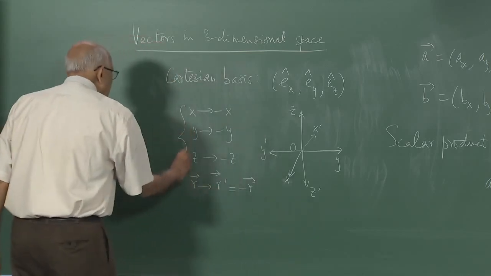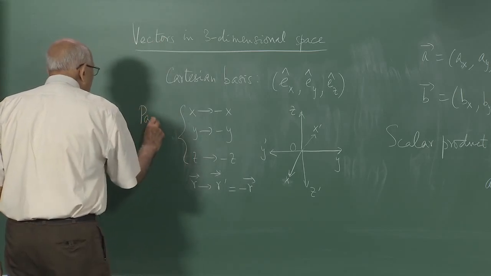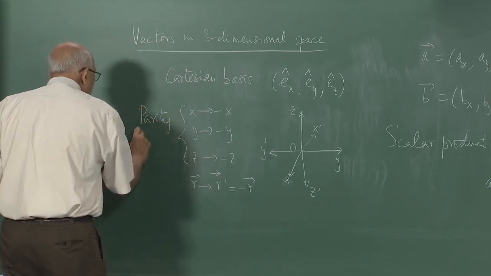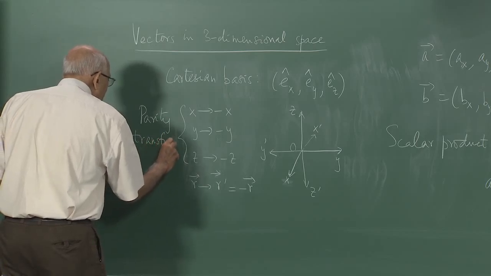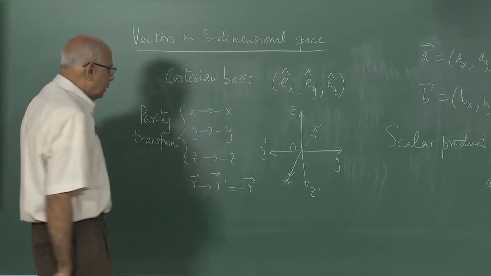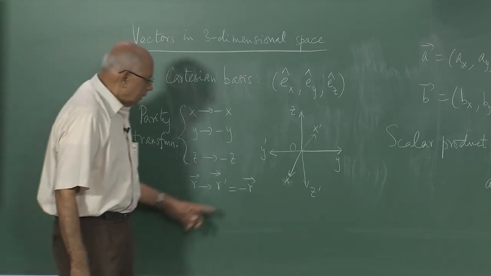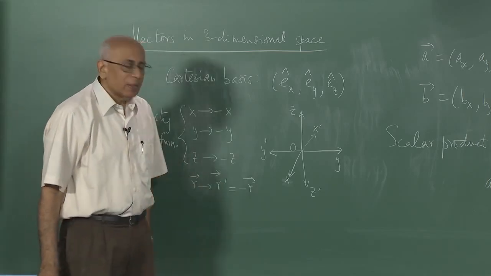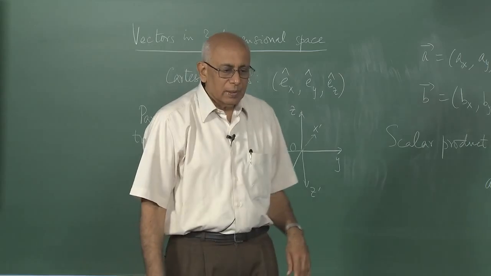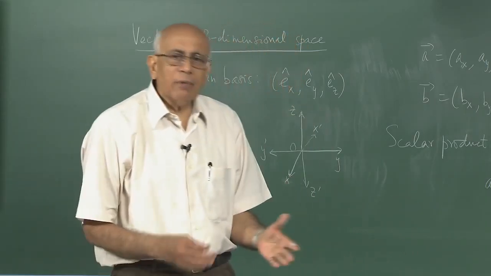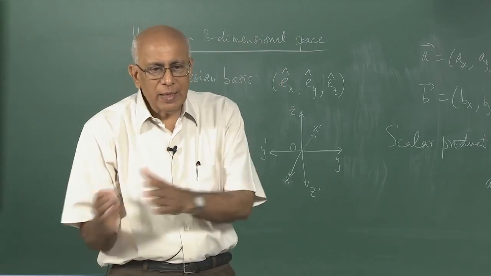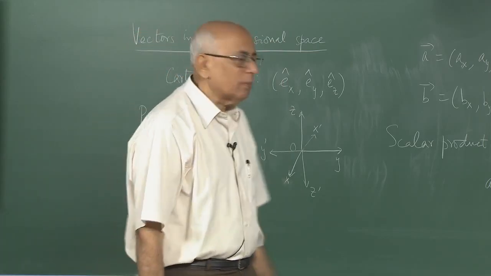This thing is called parity. Now once this happens, a general vector, if it behaves exactly like the coordinates under these transformations, will therefore change sign. Each component will change sign under coordinate transformations.